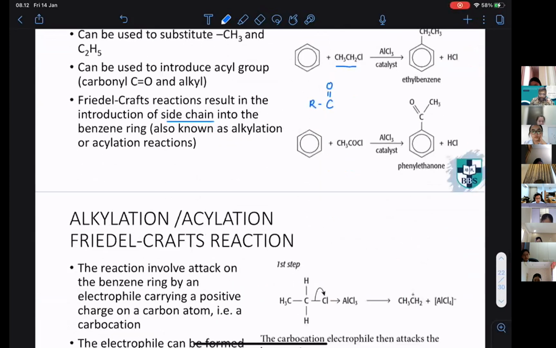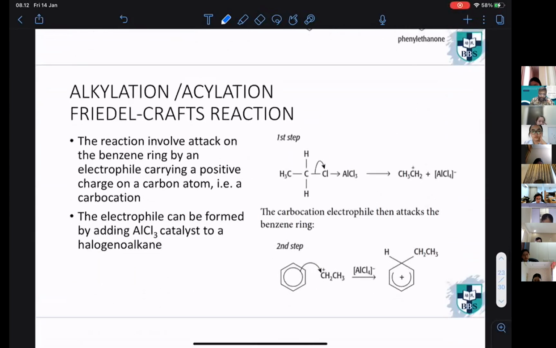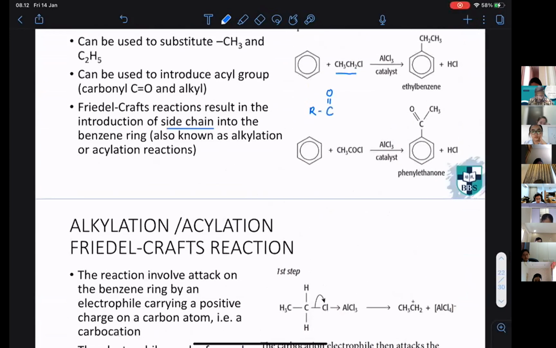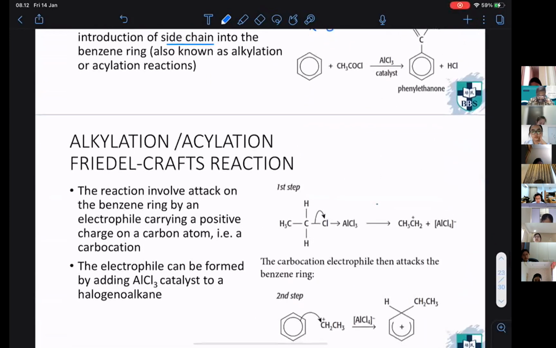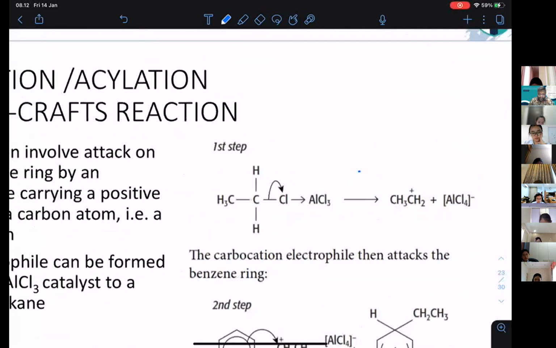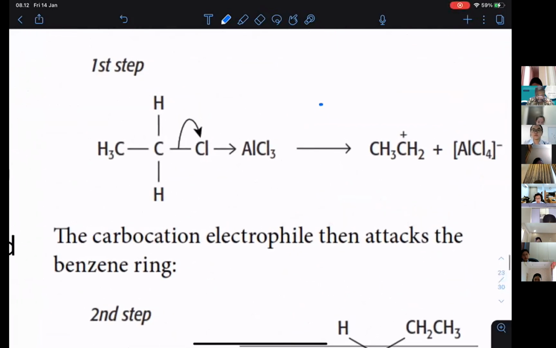If you look at this mechanism they show over here, it is for acylation, a similar reaction. Sorry, they show over here for alkylation. So if you have this Cl, halogenoalkane, you want to substitute this group into the benzene ring.